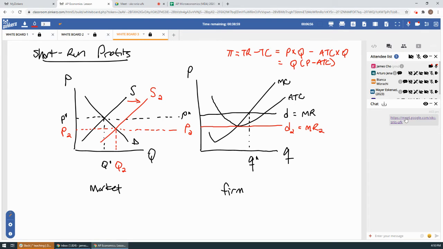I tried to do the losses with my recitation, as you said. What I kind of understood is that now the average total cost is above the price, so the total cost is bigger than the total revenue.